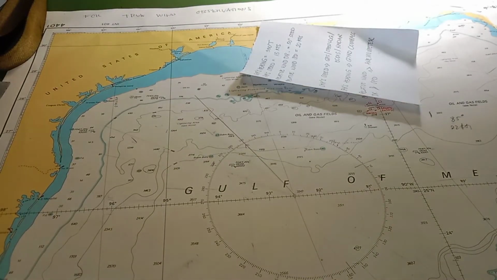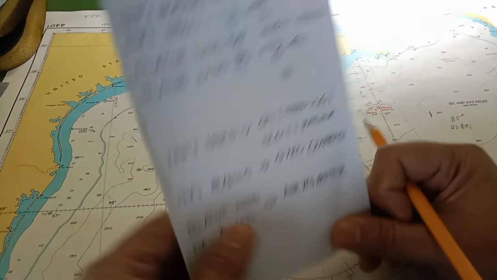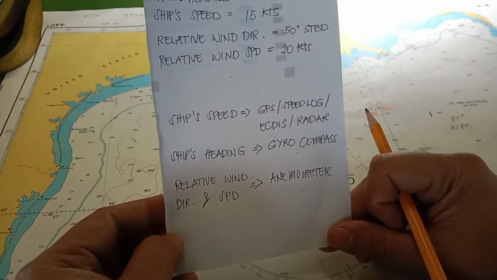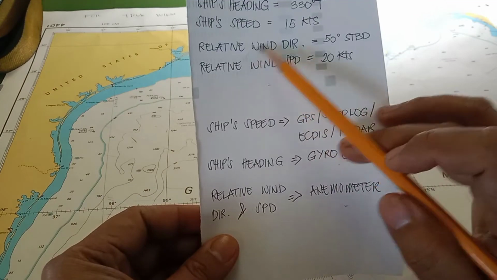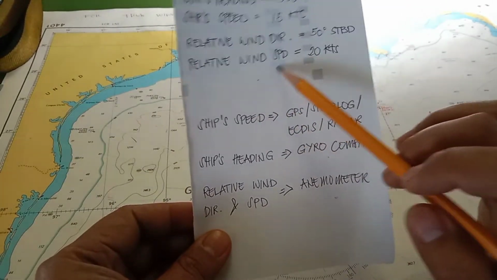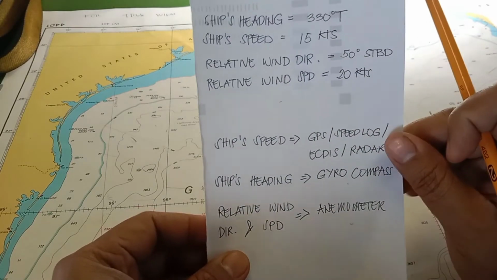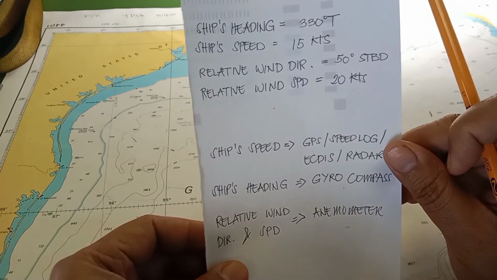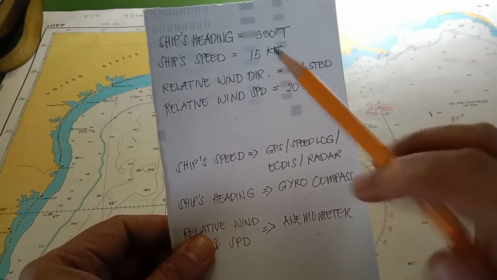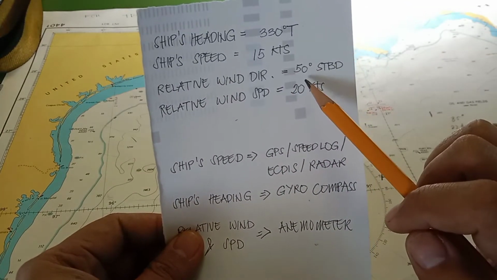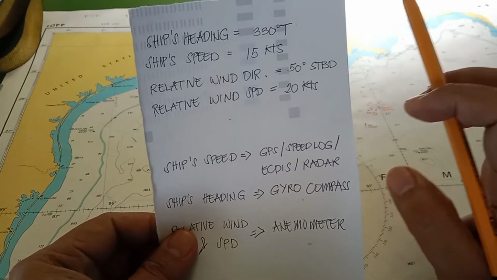Alright, after plotting the ship speed, we are going to plot the relative wind direction and relative wind speed. Again, why relative? Because the ship is moving or underway. The direction that we have here, for example, is 50 degrees on the starboard side.